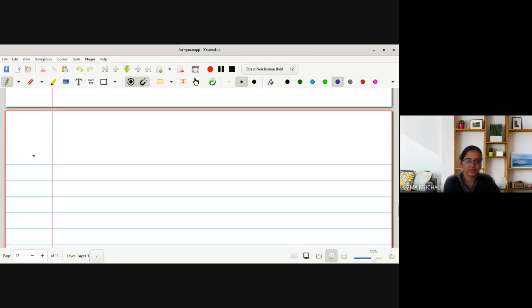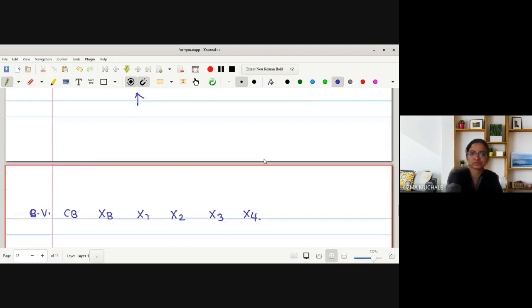We have drawn the table again. Basic variables CB, XB, X1, X2, X3, X4.